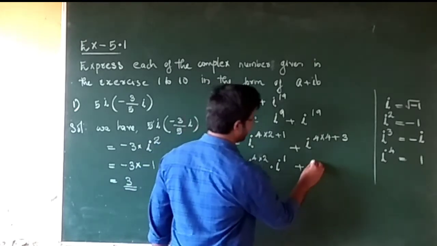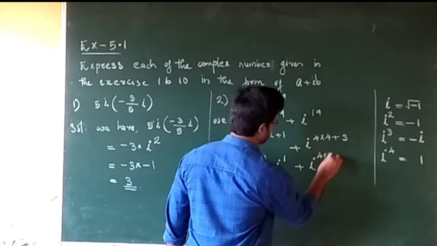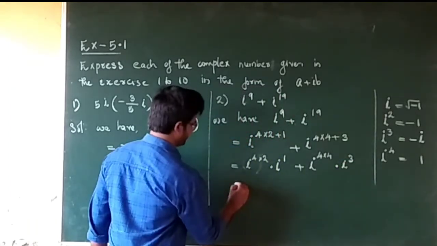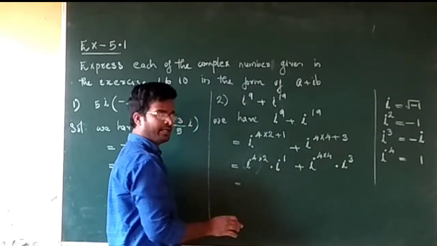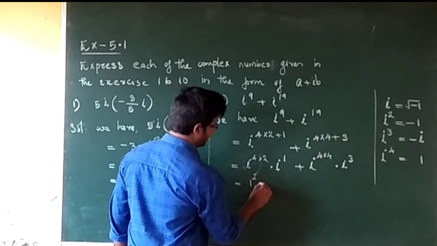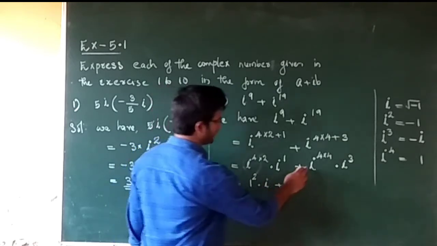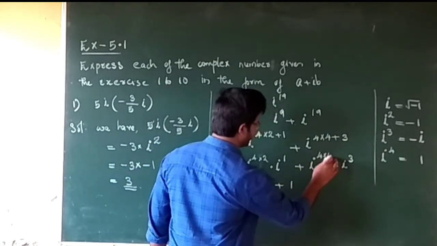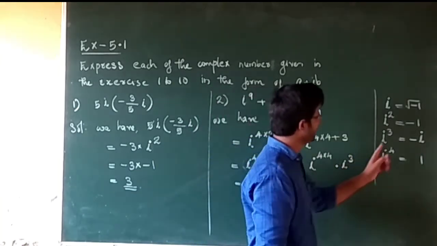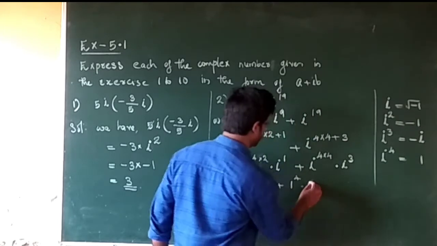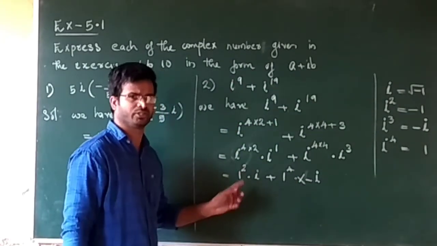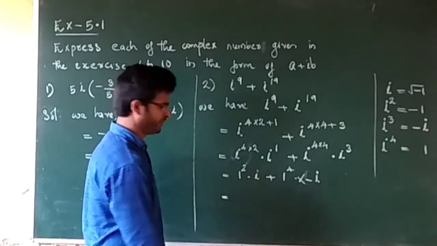Second part, i raised to 4 into 4 plus 3, means into i raised to 3. i raised to 4 is 1. 1 square into i plus, here also i raised to 4 is 1 raised to 4. Then i cube, i cube means we can write minus i, equal to 1 square. 1 square means 1 into 1, 1. Then remaining only i.